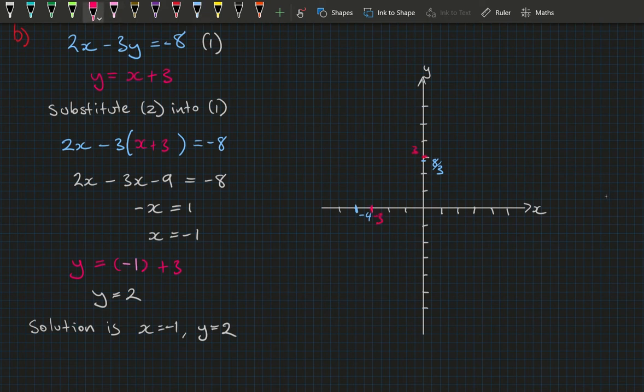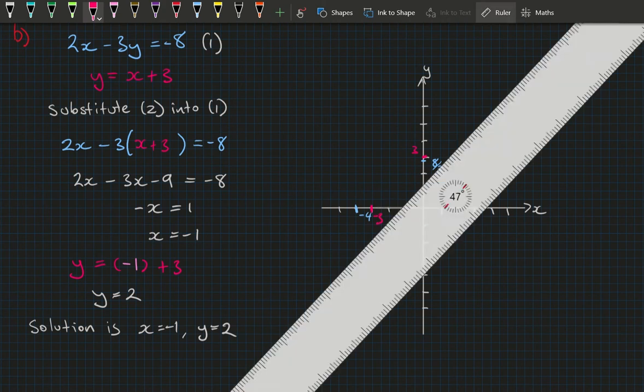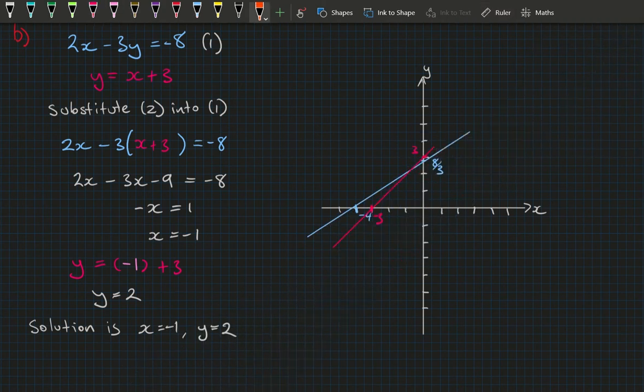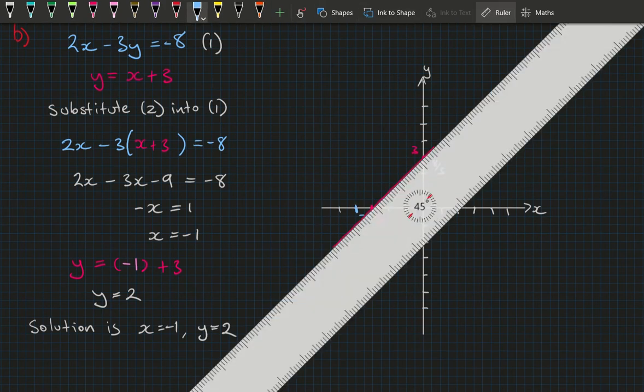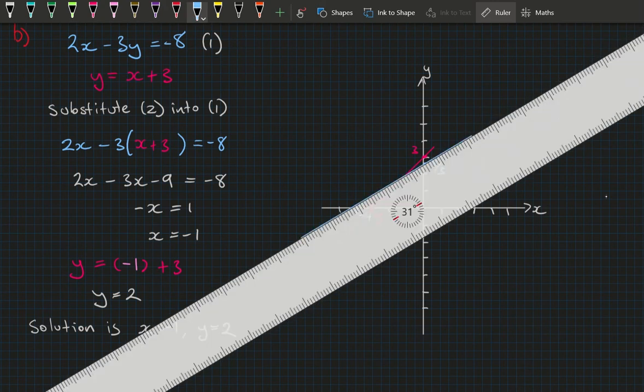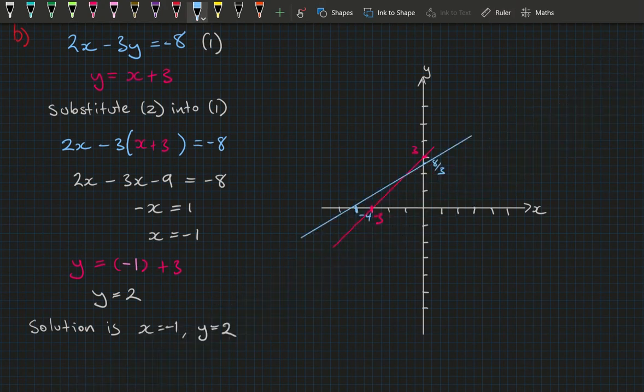And when y is 0, x is equal to minus 3. So let me join up these lines, which isn't perfect here because I haven't drawn the graph perfectly. So let me fix up 8 on 3. And that's much better. We can see that the intersection here is where y is equal to 2 and x is equal to minus 1. So our solution is definitely x equals minus 1 and y is equal to 2.